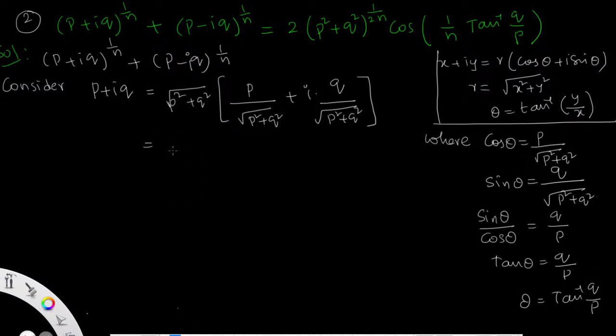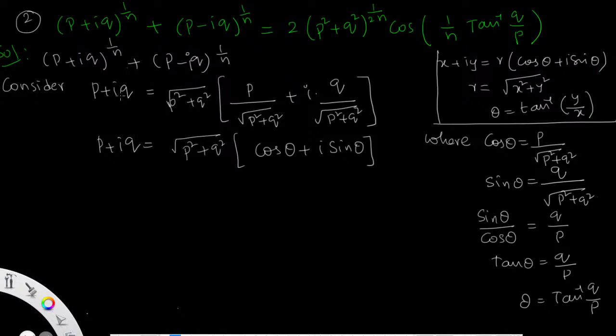So I am writing here in this way, root over p square plus q square into cos theta plus i into sin theta. For convenience I am writing like this. Why? Because this total value is cos theta, this total value is sin theta. That's why I write p plus iq in the form like this.